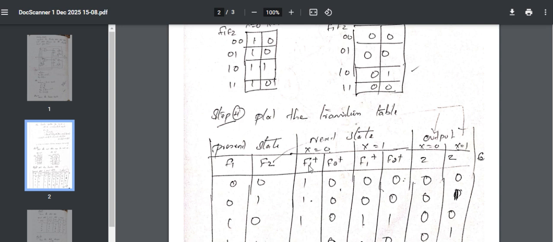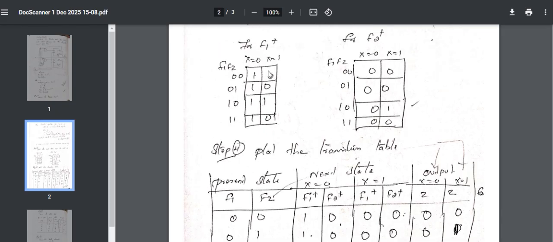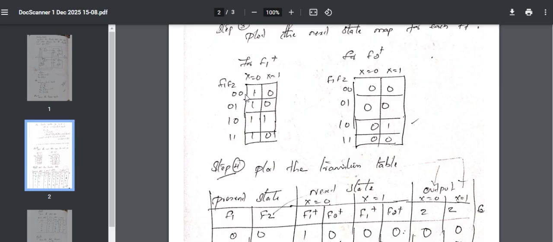For F1 in the next state, F1 plus for x equal to 0 and F1 plus for x equal to 1 are both taken from the step 3 F1 plus table.